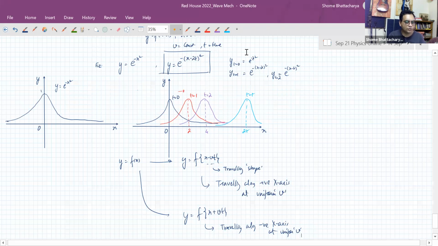Okay. So we'll conclude today's session here, but you can get started with some reading from Resnick Halliday or even H.C. Verma if you want to have a very short description of it. And that will definitely help in the coming few lectures. It's a very conceptual topic, wave mechanics. Okay. And if you're clear with the concepts and derivations, you will find the problems interesting and fun to do. And accordingly, you can score very well in JEE.